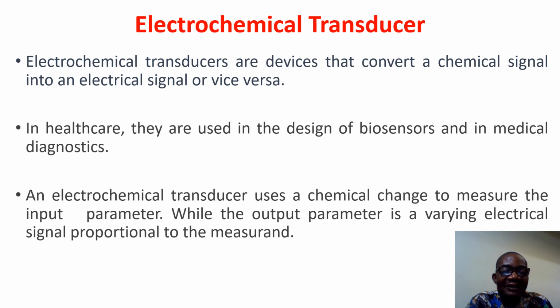Also, an electrochemical transducer uses a chemical change to measure the input parameter. Usually when an input parameter is sent to an electrochemical transducer, a chemical change occurs.